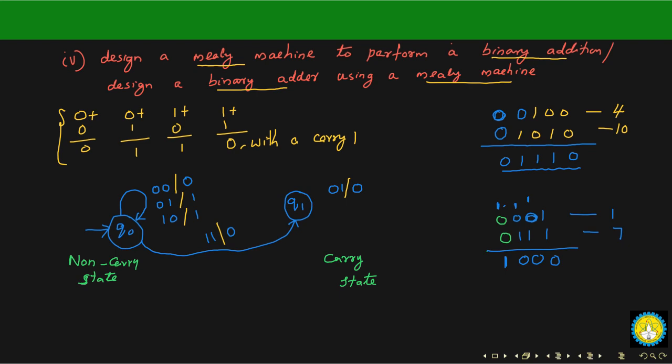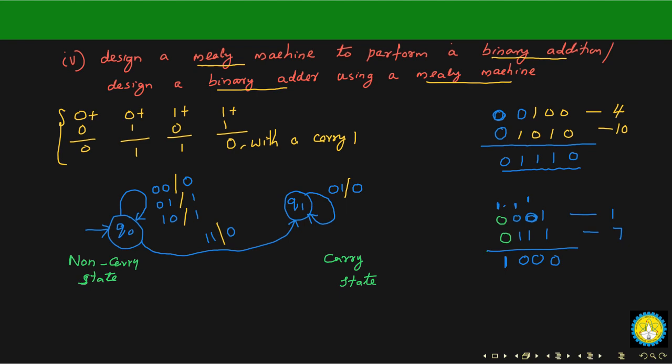So you have to go back to Q1 itself because you are still in the carry state. That's why upon 0, 1, the transition is going back to Q1 itself, because still I have a carry.